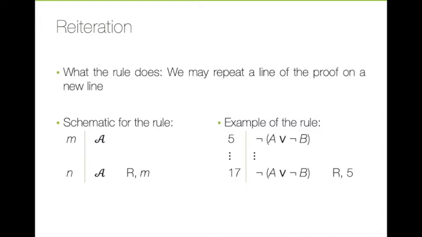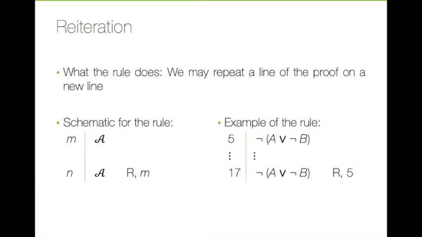So in this example, the sentence is repeated at line 17. And then to the right of the sentence, on line 17, we see the justification for writing that line. So we appeal to the reiteration rule, abbreviated R, and the number of the line we applied the reiteration rule to, line 5.